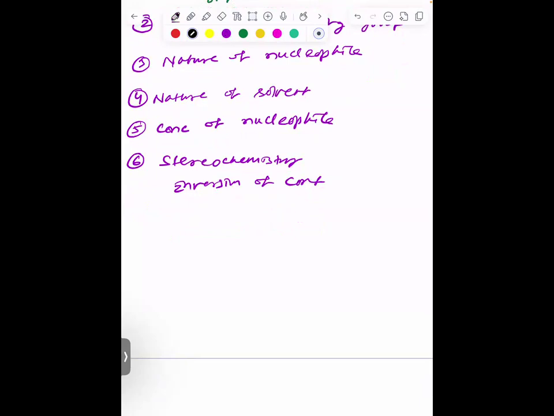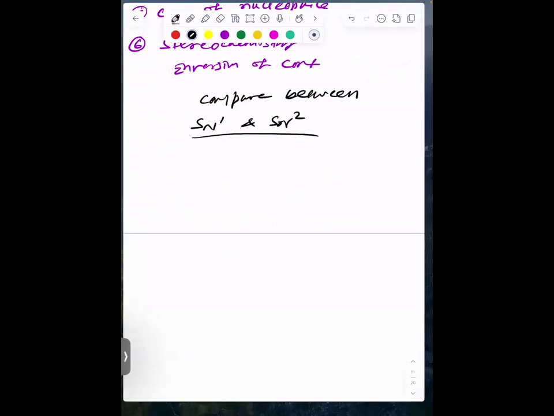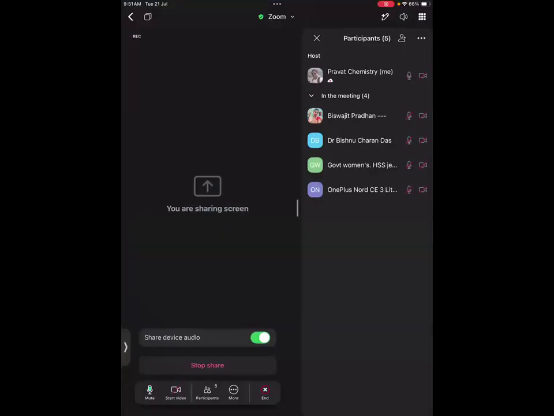Okay. Now you have to compare between SN1 and SN2 reactions. Take 2 minutes. Compare all these factors between SN1 and SN2 reaction.